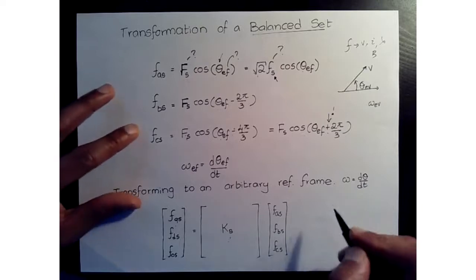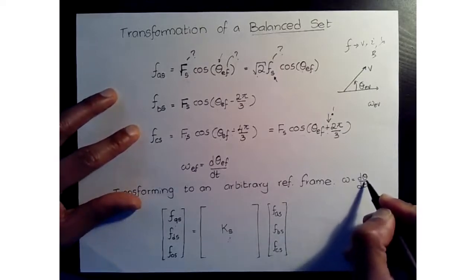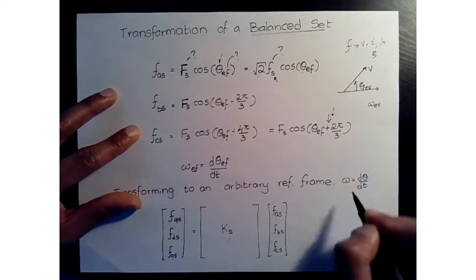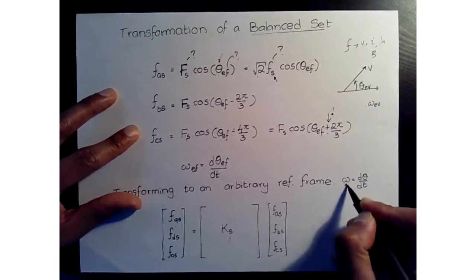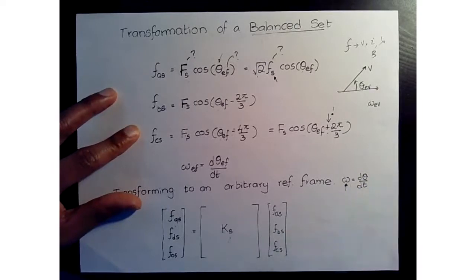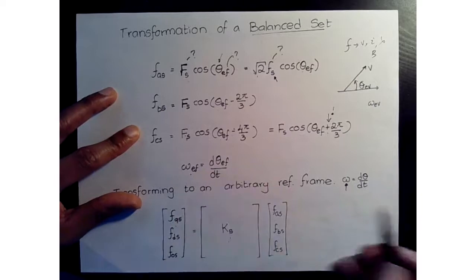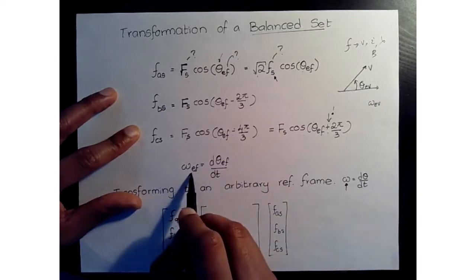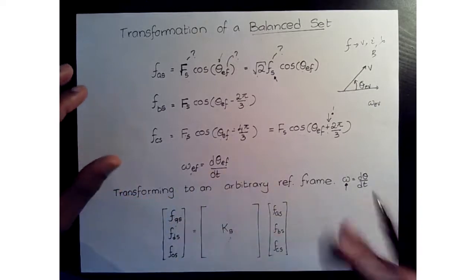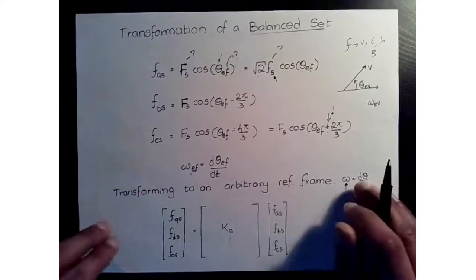If we do that, then the theta that we use in our transformation is based on that reference frame's speed, omega, which may be different from the actual signal frequency, maybe not. That's why we call it an arbitrary reference frame.